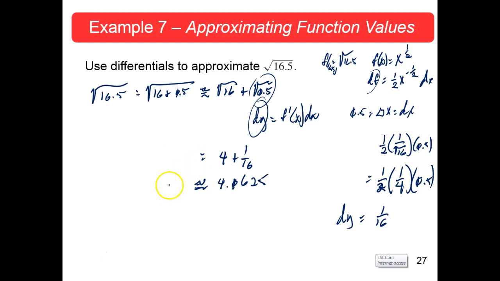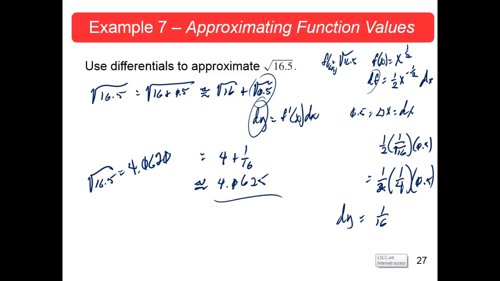Okay? Now, this is what our approximation is. The differential. This is using differentials. Someone plug in and see what the square root of 16.5 is. .0620. I'd say that's pretty close. Okay? You had to use a calculator to get this one. We did this one strictly in our heads.